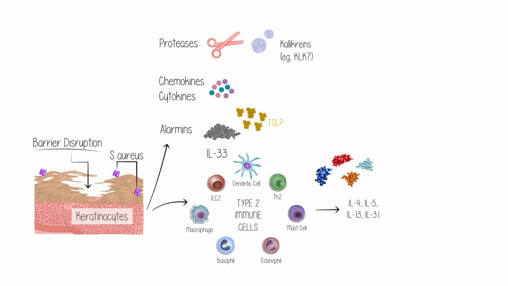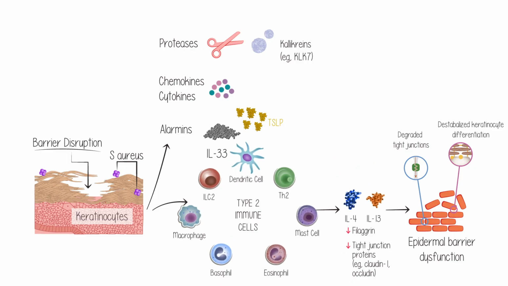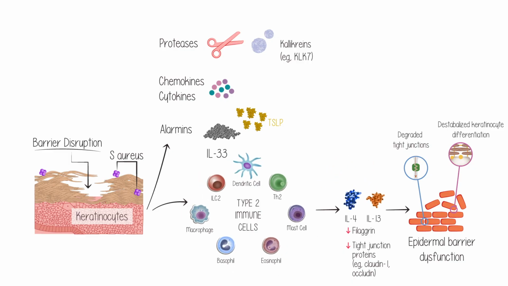Downstream type 2 cytokines further impair the expression of proteins involved in skin barrier function, such as filaggrin and tight junction proteins, leading to increased permeability. Collectively, the sequence highlights how type 2 inflammation-associated events can lead to epidermal barrier dysfunction in conditions like atopic dermatitis.